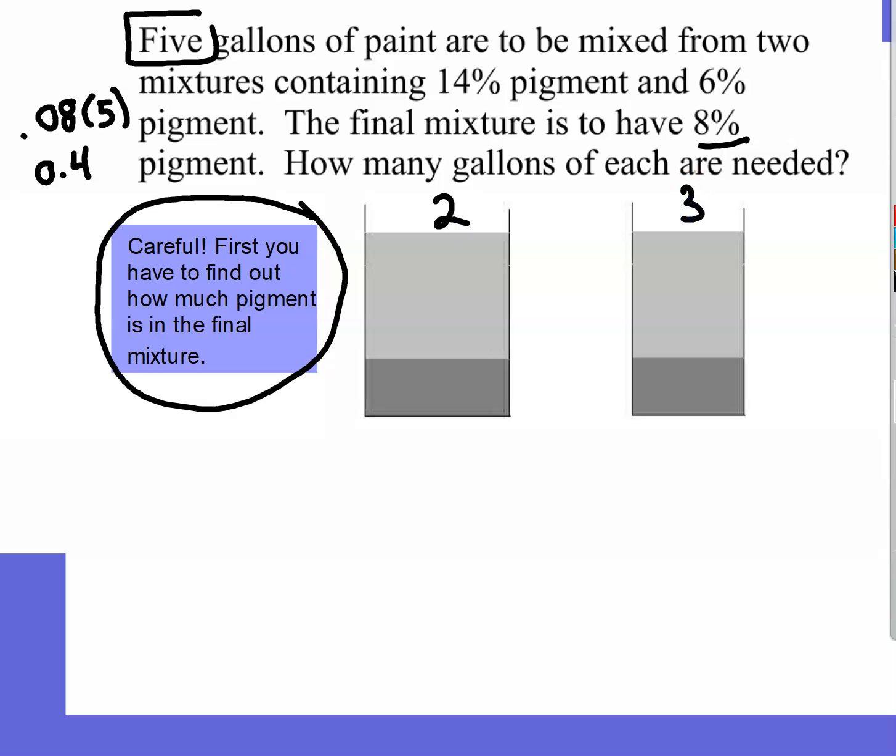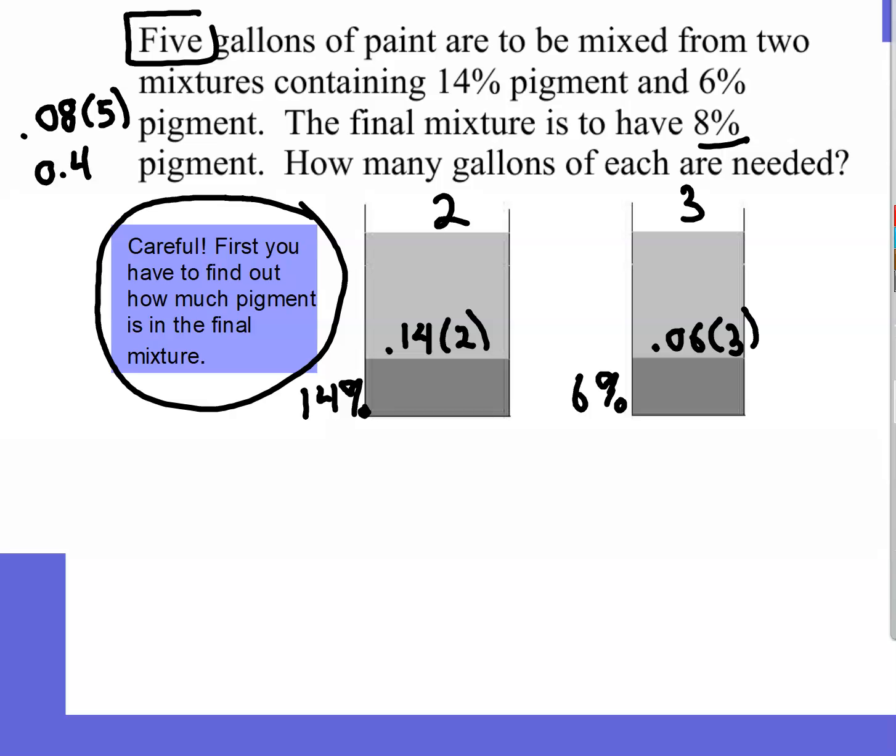Okay, and then we'll say, look, this one's 14% pigment. This one's 6% pigment. So let's see if our guess is right. Let's find 14% of 2 and 6% of 3 and see how much we get there.